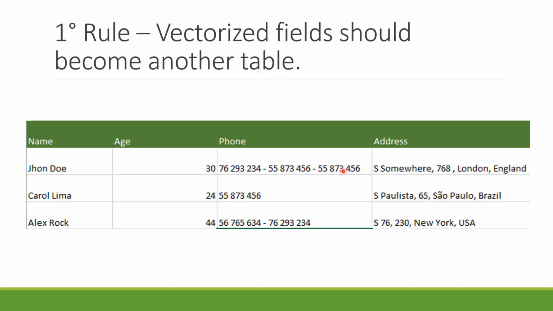Most cell phones today come with two slots for mobile chips. So it's very common that persons have more than one phone number. As you can see in our users table, we have users which have more than one phone.